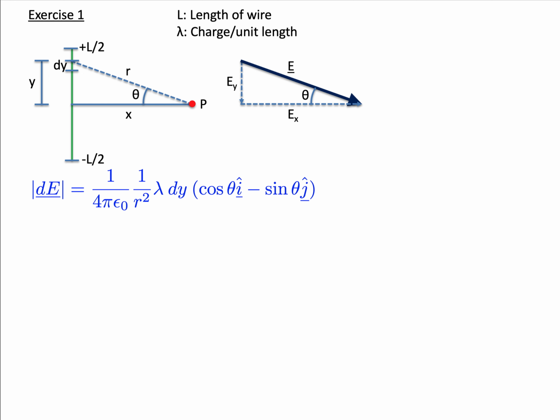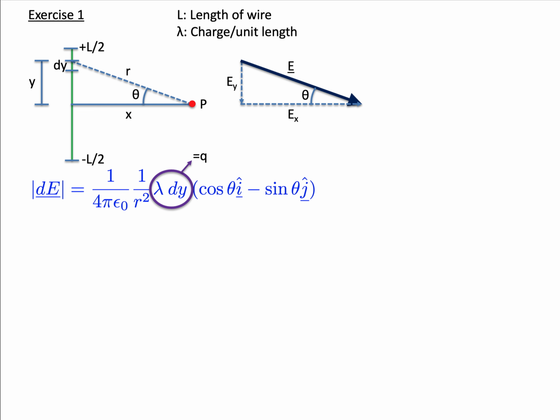This comes from the equation for the electric field due to a point charge. We assume that dy is so small it's effectively a point charge. Then you can see that we have given the charge as lambda dy. The charge per unit length lambda times the length dy will give the charge in that tiny segment.